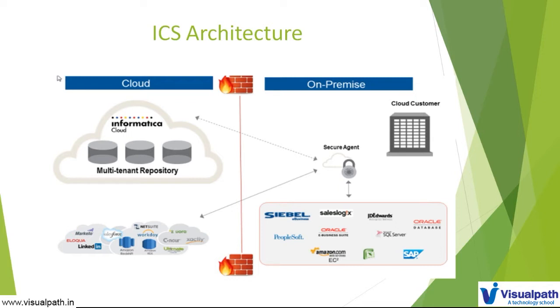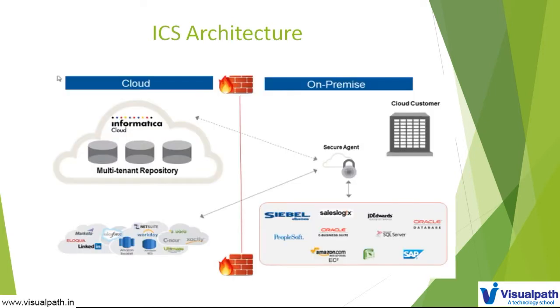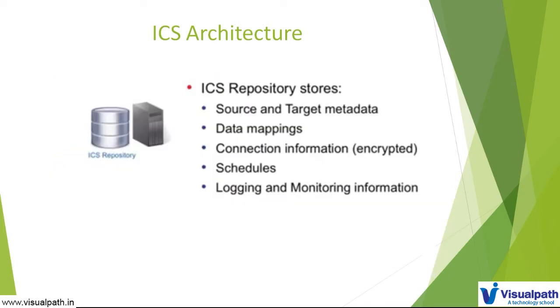Basically, in the previous slide I showed you the Informatica Cloud repository. What is the purpose of the repository? It stores the source and target metadata of your components. For example, you have created a mapping.